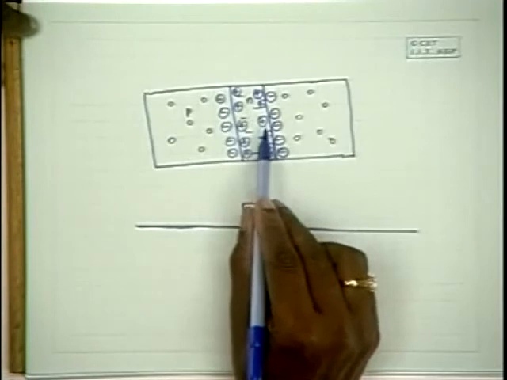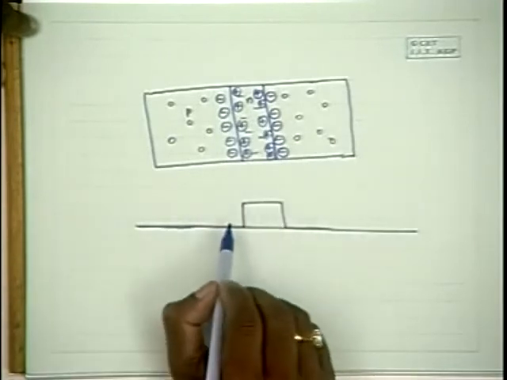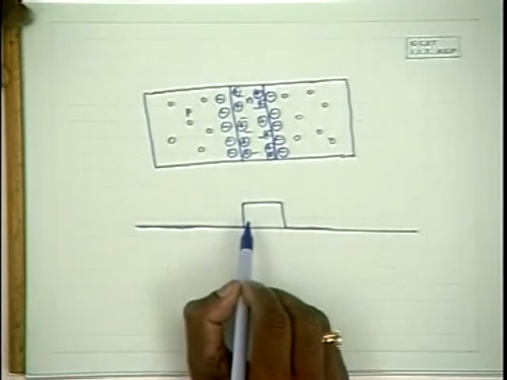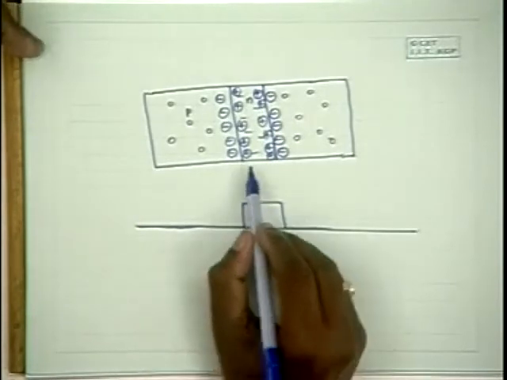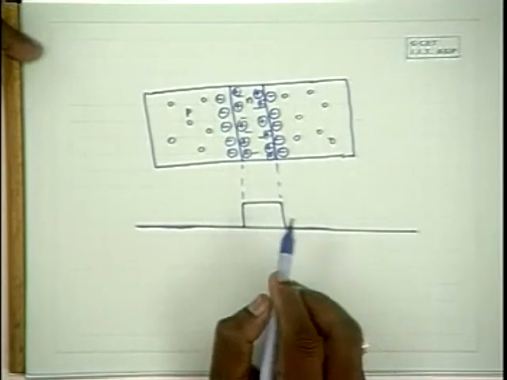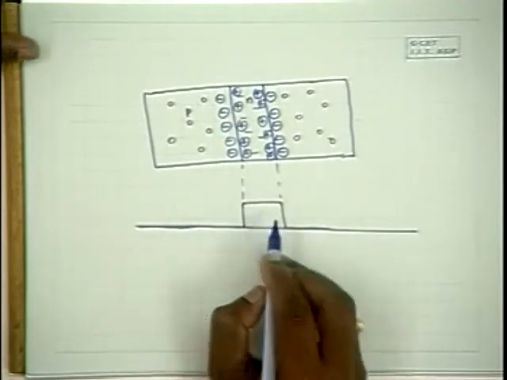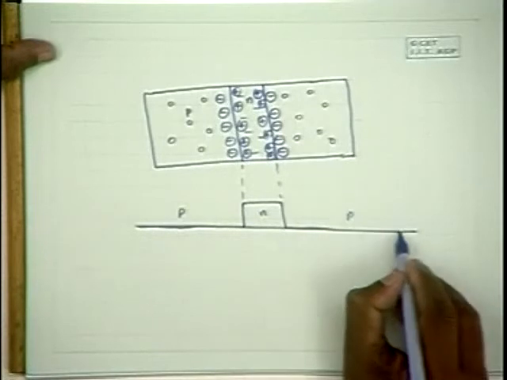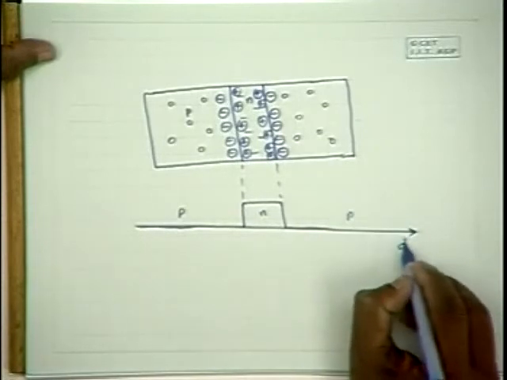Since it is accumulated positive charge, you have to do work to bring a positive charge from infinity to this place. Therefore, the potential is positive here. So this is the potential, where this is the p type, this is the n type, and this is the p type side. This is the distance.